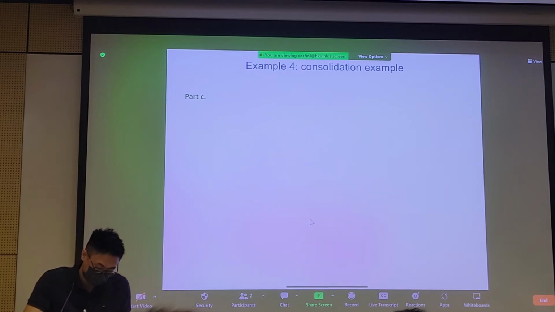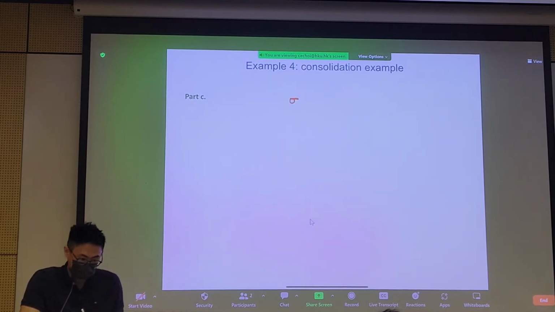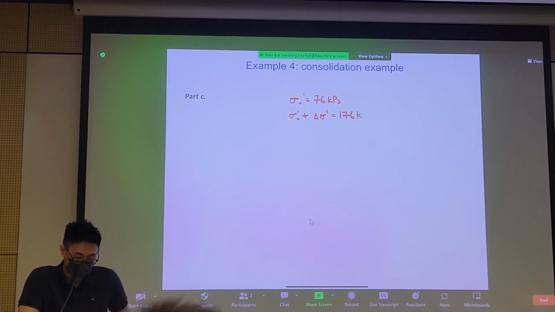So, part C tells us that we have pre-consolidation pressure of 150, but let's just carry over some information. We know the initial effective stress was 76. So 76 plus 100 kPa surcharge is 176, and our pre-consolidation pressure is 150 kPa.